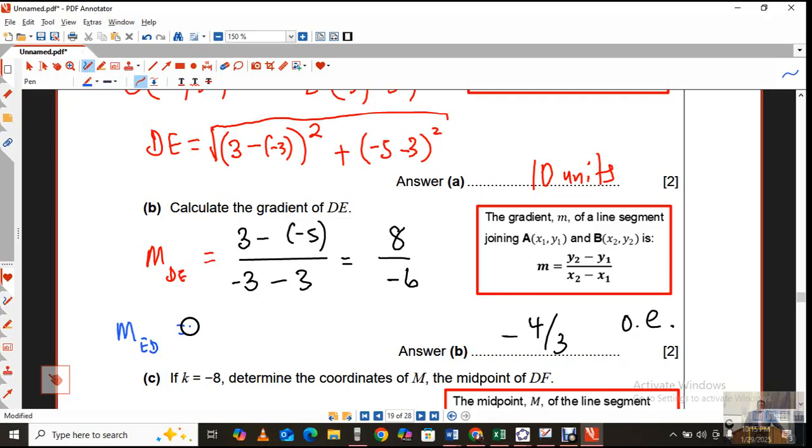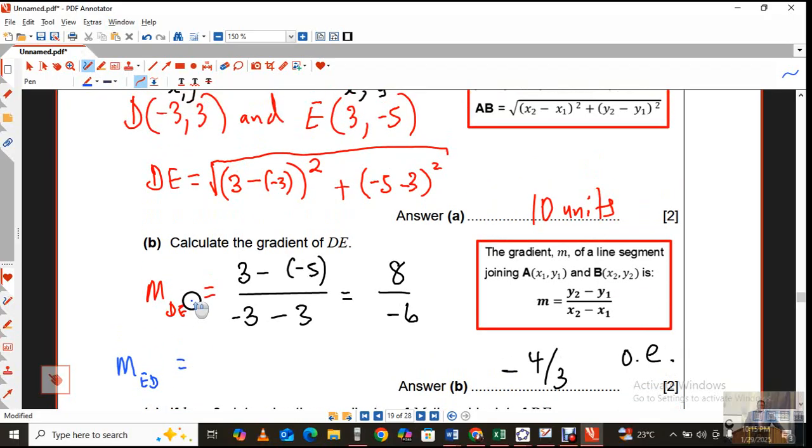That means I start with my point E. If you start with your point E, you take the Y value of E, which is negative 5, minus the Y value of D, which is 3, over the X value of E, which is 3, minus the X value of D, which is negative 3. On top, you get negative 8. Under, you get 6. These two are exactly identical. It doesn't matter where the minus is. The whole fraction is negative. It will give you the same answer.